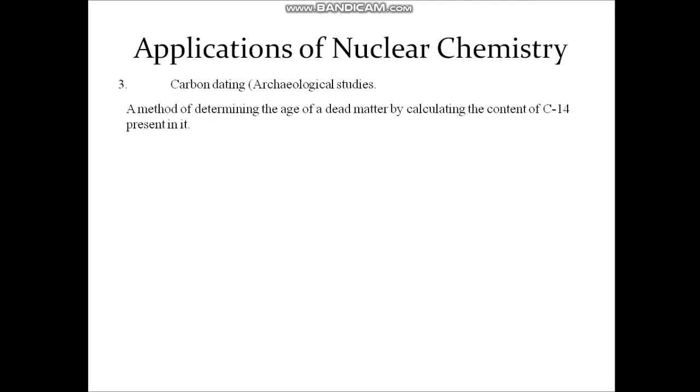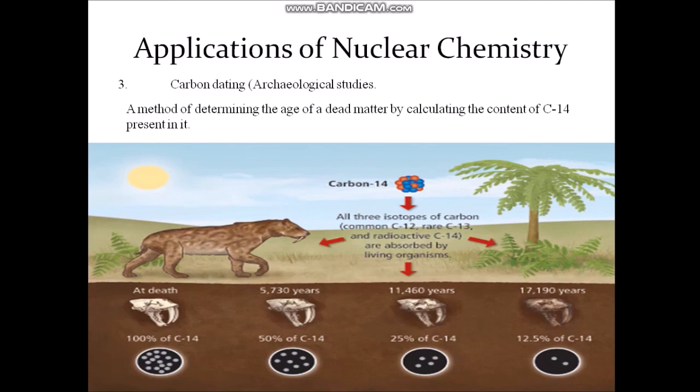And when they decay, they take 5,730 years to reduce to half their original size. And based on the quantity of carbon 14 at this particular time, we can calculate the age of dead matter. At death, we have 100% of C14. Then after 5,730 years, 50% of C14 is left, and after 11,460 years, 25% of C14 is left.